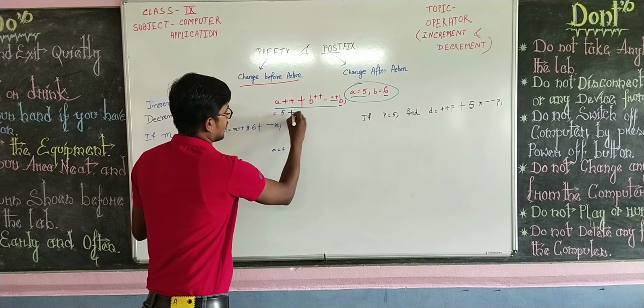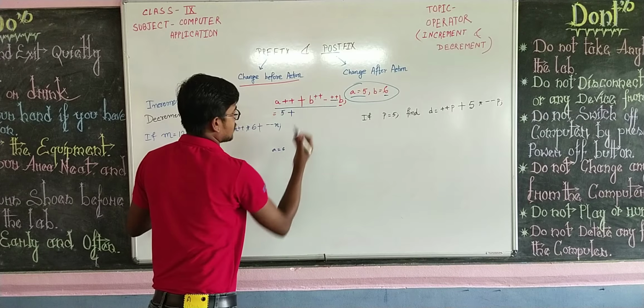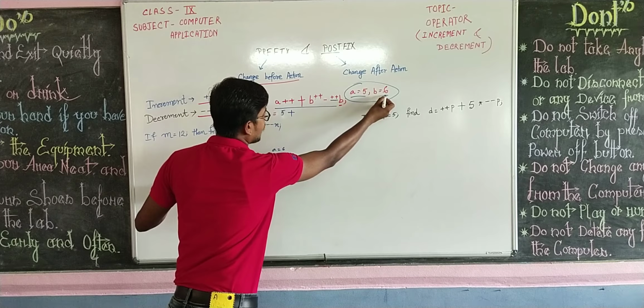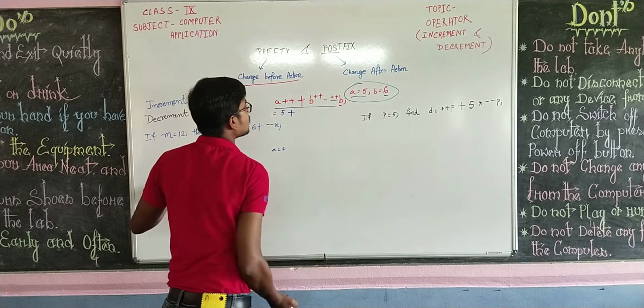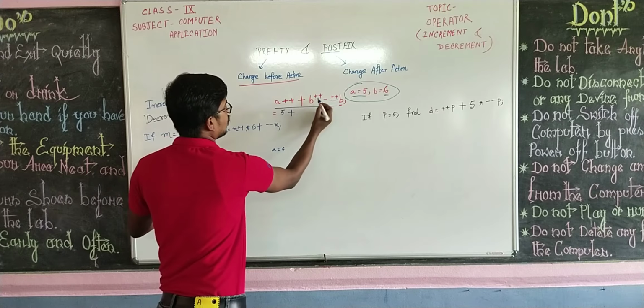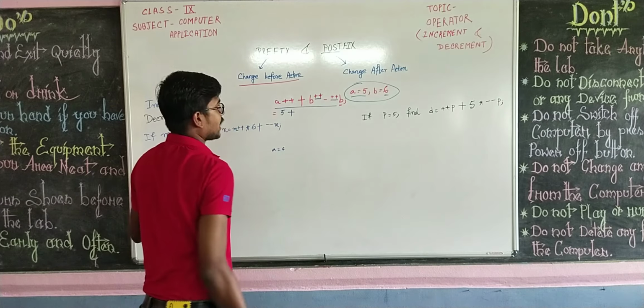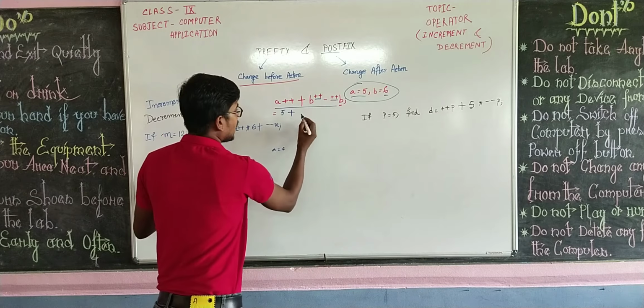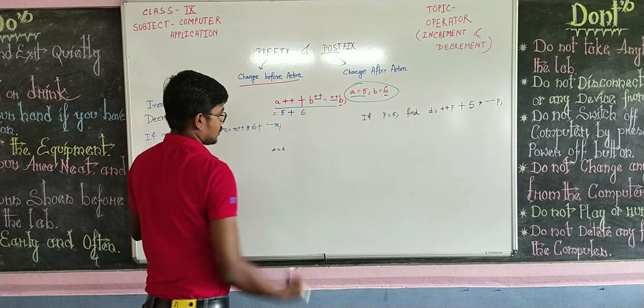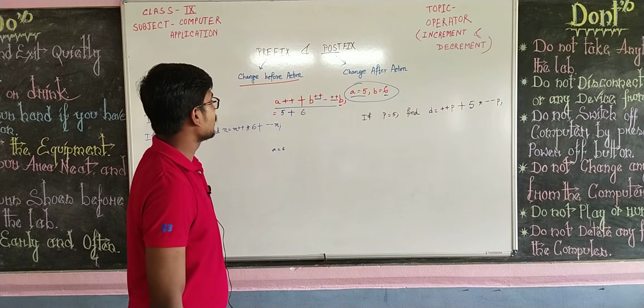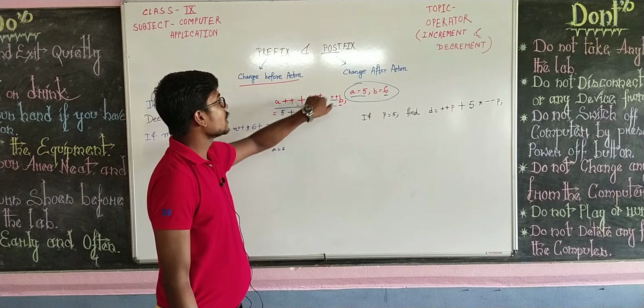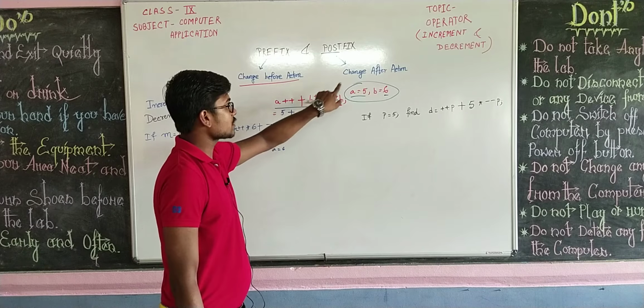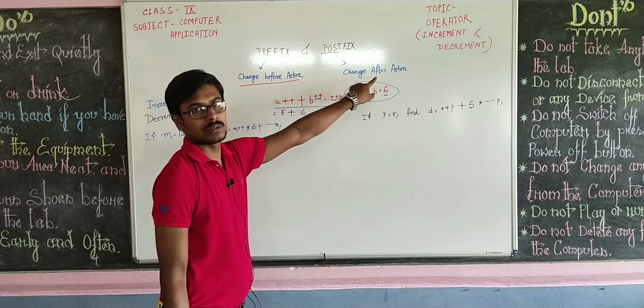Come to the next part, B plus plus. Initial value of B is given 6. Same here, this is also postfix operator. So only 6 you have to write, but after writing this 6 you have to check, postfix means change after action.